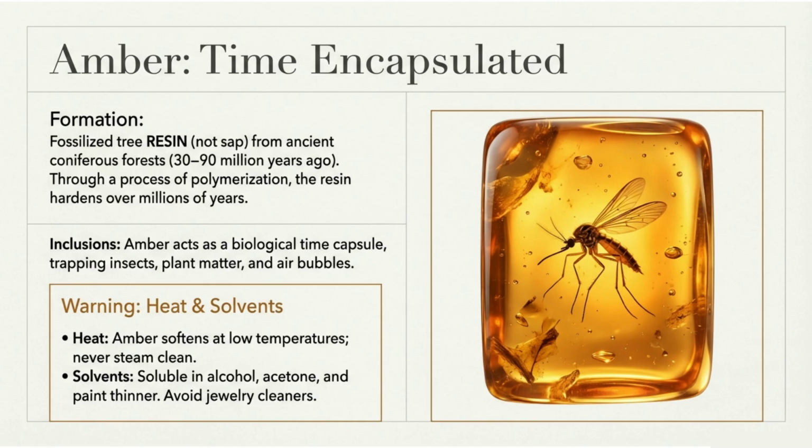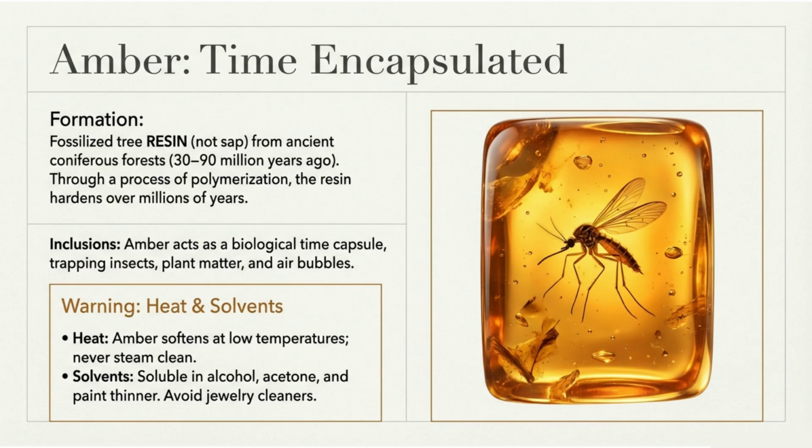Its molecules cross-link and harden, transforming sticky resin into solid amber. Inclusions. Amber is famous as a biological time capsule, trapping insects, plant fragments, and air bubbles as they got stuck in the sticky resin. Every inclusion is a tiny snapshot of life from tens of millions of years ago.